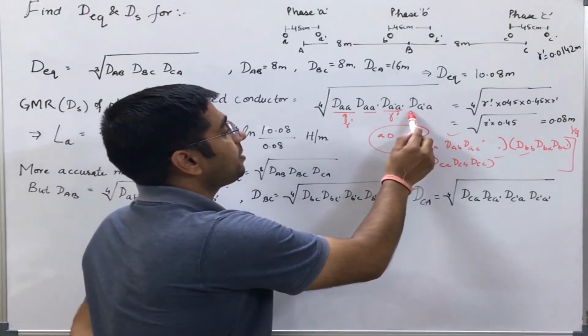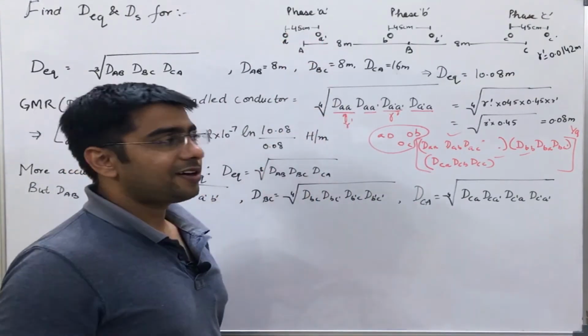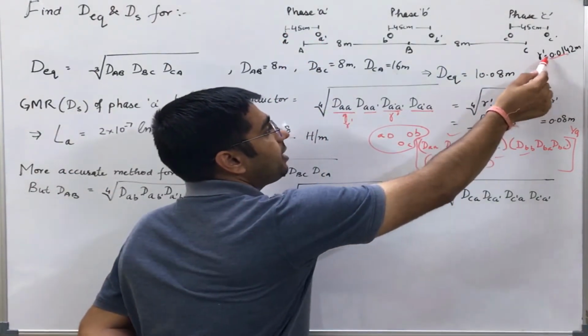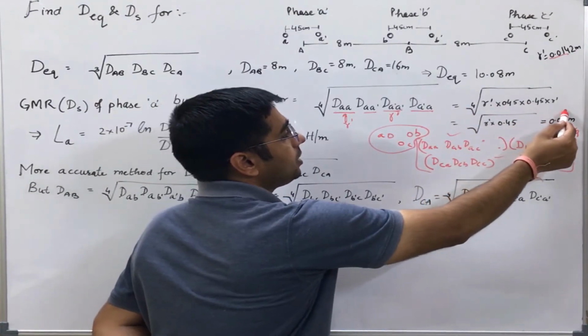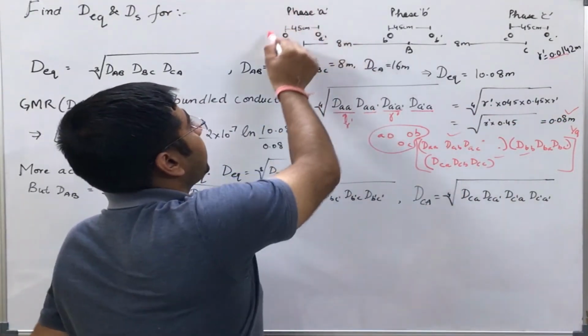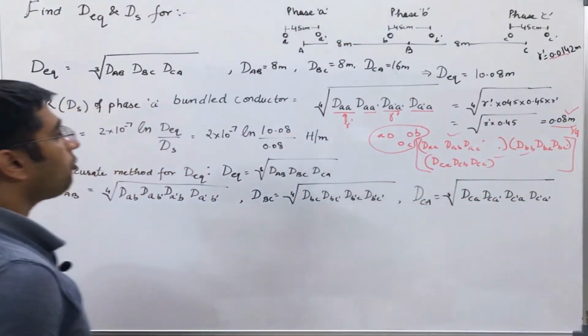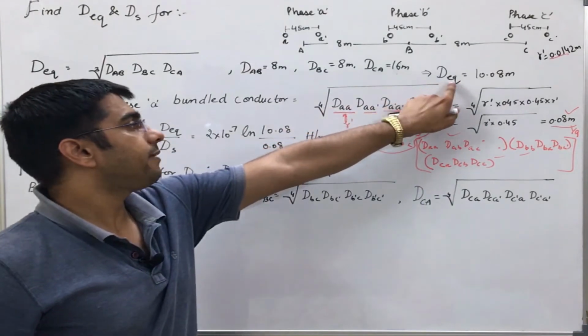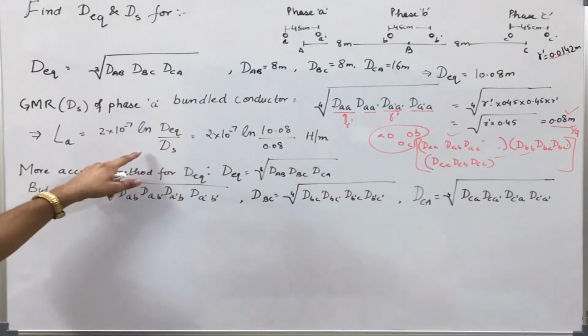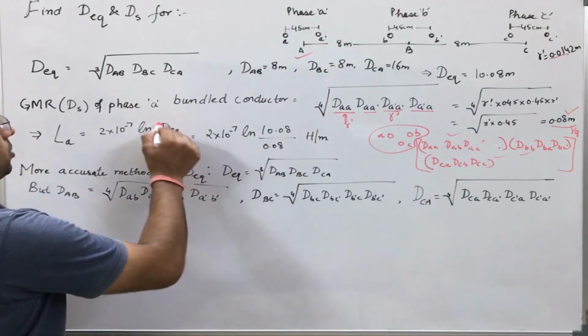Now the next term is DA dash A, which is again 45 centimeter. R dash is already given. If I put all these values, then the GMR of this phase A conductor will come out to be 0.08 meter. Now if I put these two values, D equivalent and DS, in this formula, then the inductance of phase A will come out.